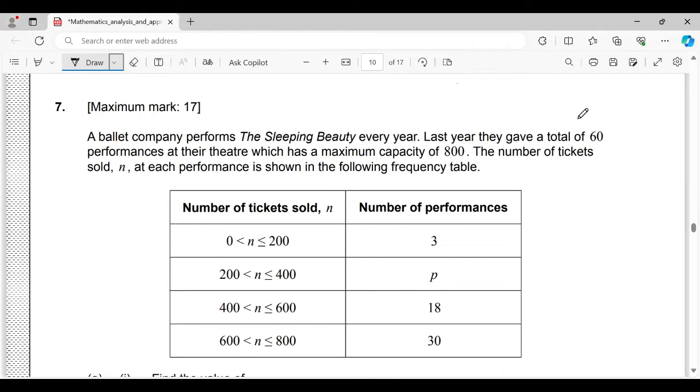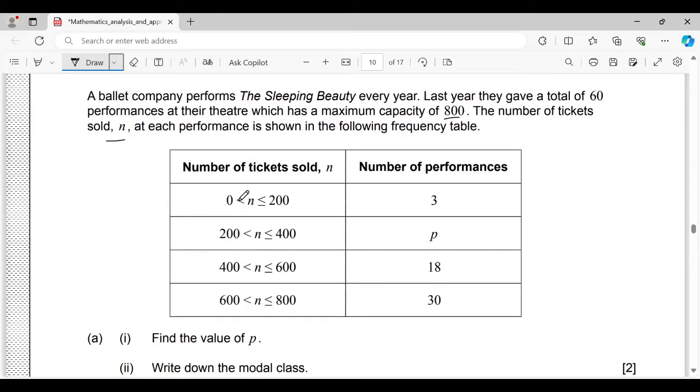The number of tickets sold, N. And the capacity of the theater is 800, right? And its performance is shown in the following. Oh, this is the frequency table between number of tickets sold and number of performances, right?